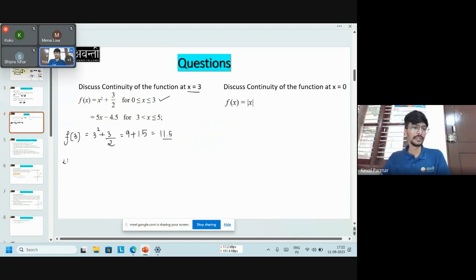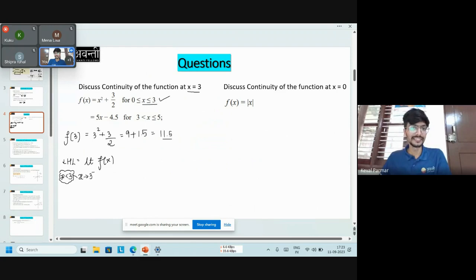So we have to calculate LHL, meaning limit x tends to 3 minus of f of x. Now, here x tends to 3 minus means x is less than 3. I hope you got this. x is less than 3. And which definition will I use?